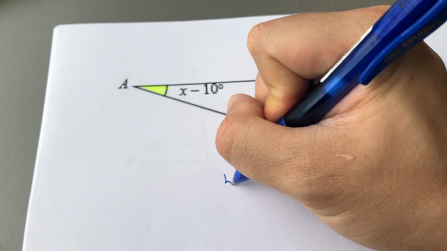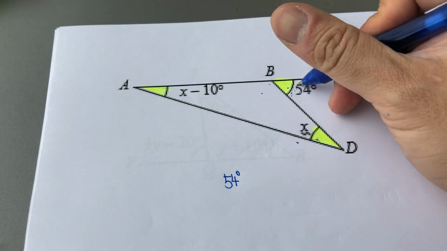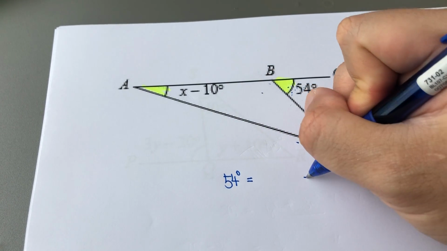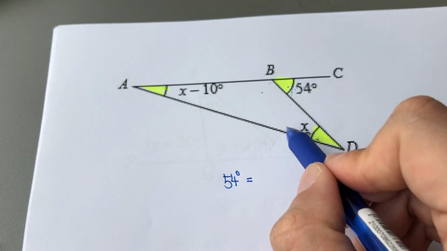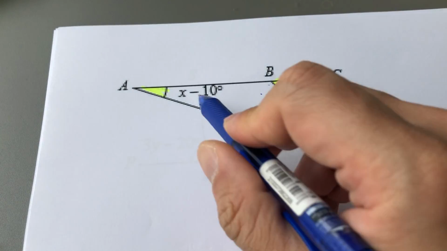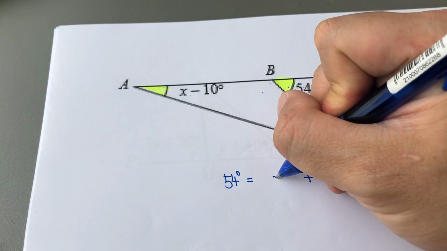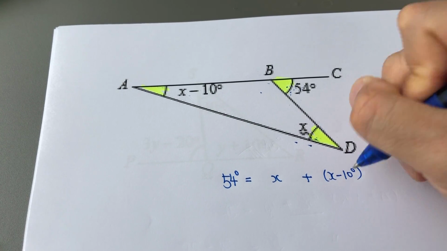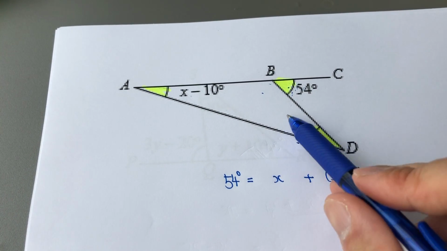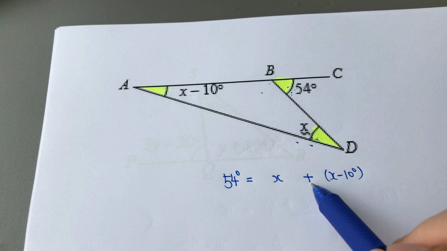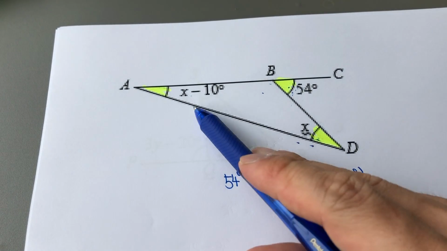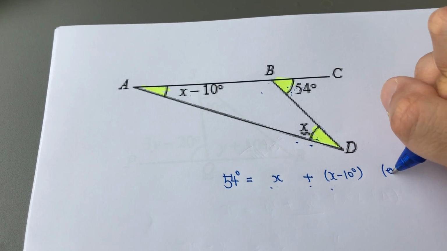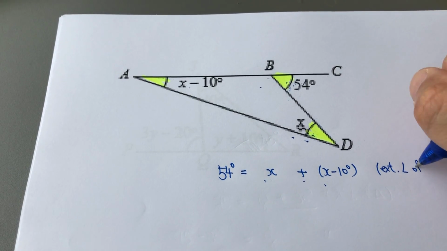We always write down the exterior angle first. The exterior angle equals the sum of the two interior angles, x and x minus 10 degrees. Reason: exterior angle of triangle.